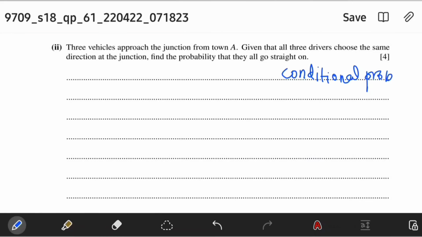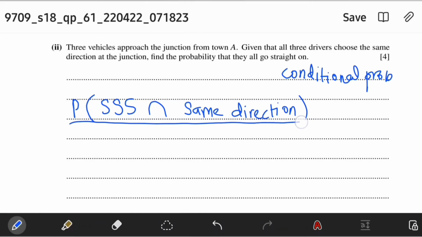So the formula for this would be the probability of going straight on all 3 times, so straight, straight, straight, intersection the probability of choosing the same direction, over the probability of the same direction.